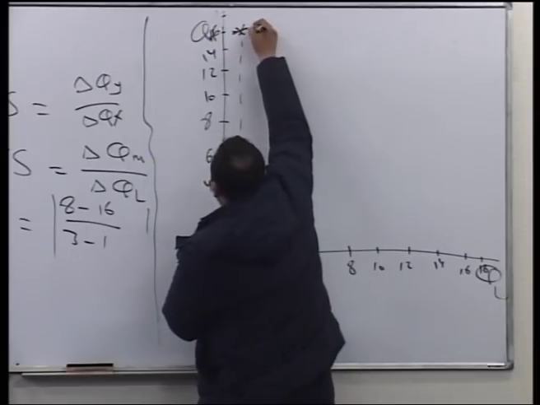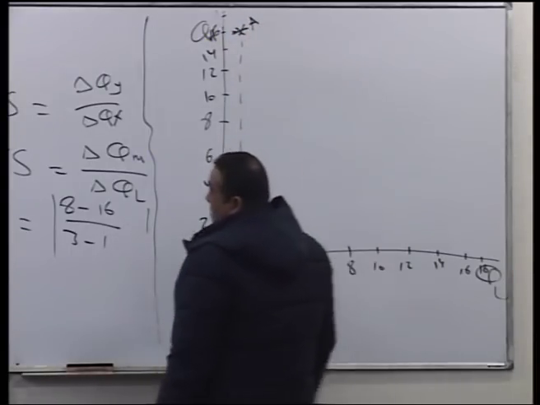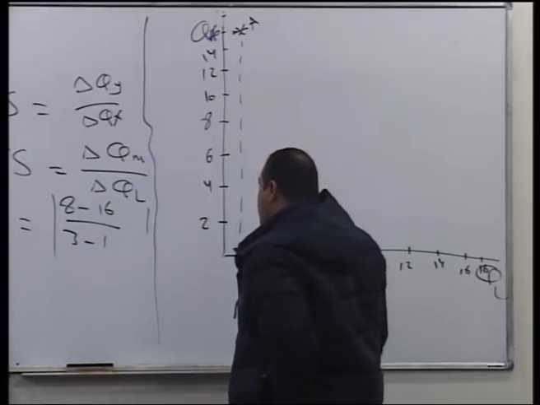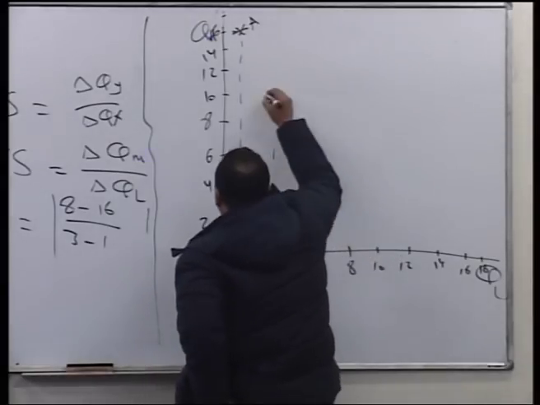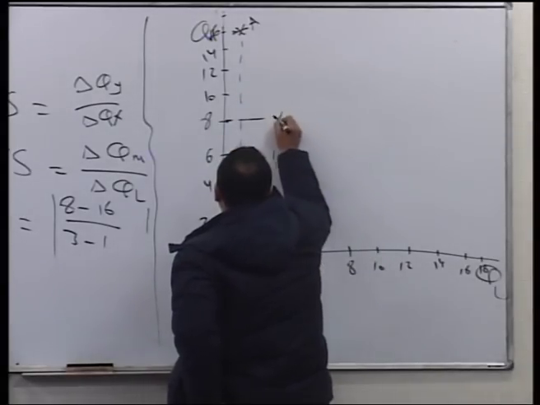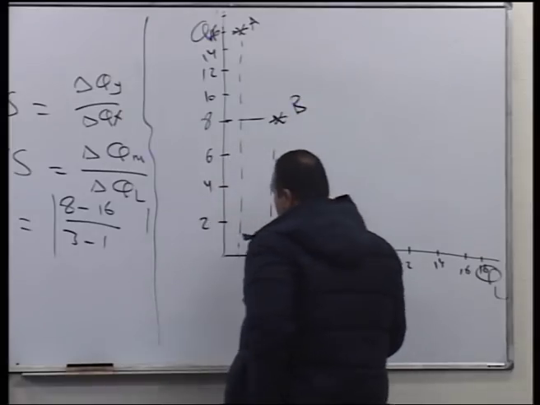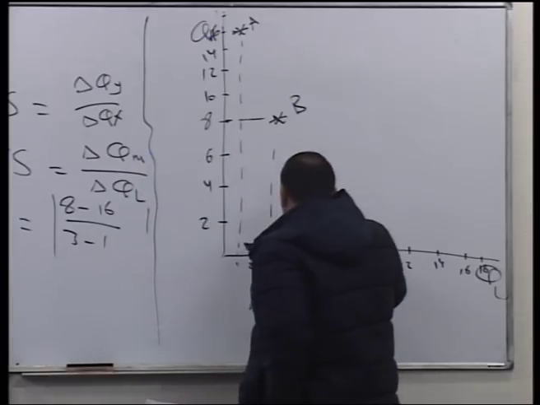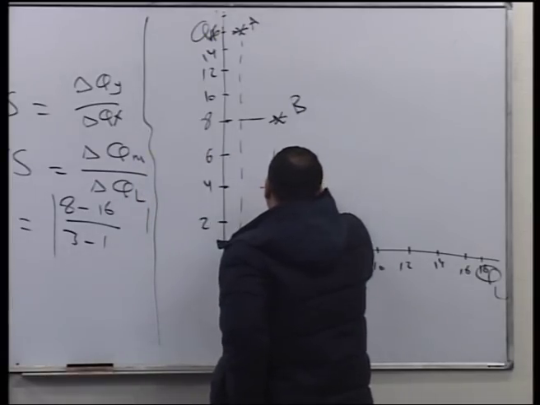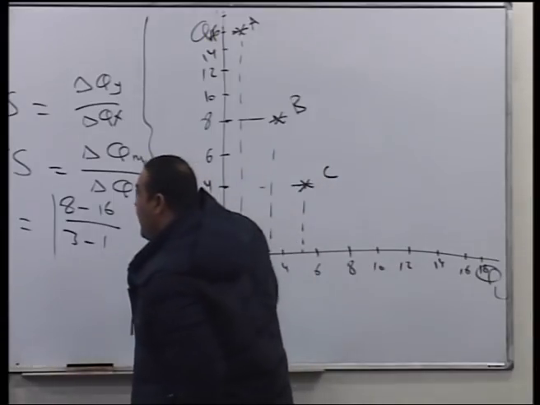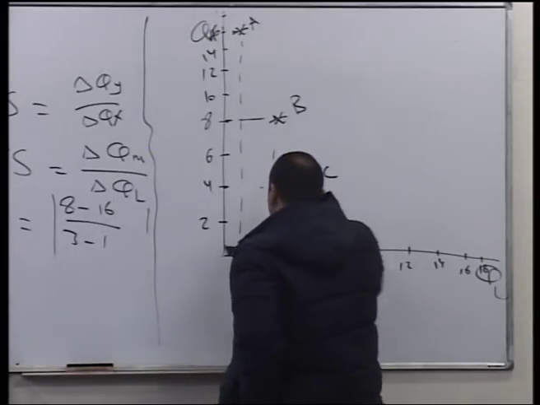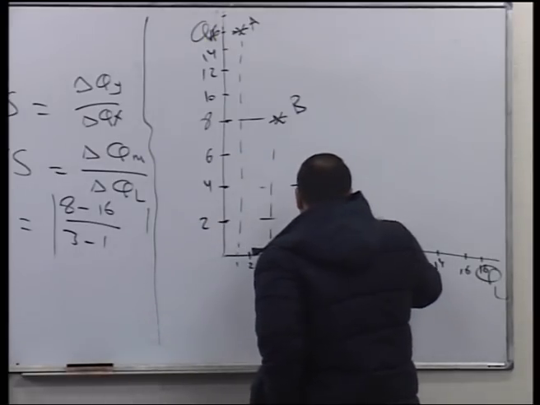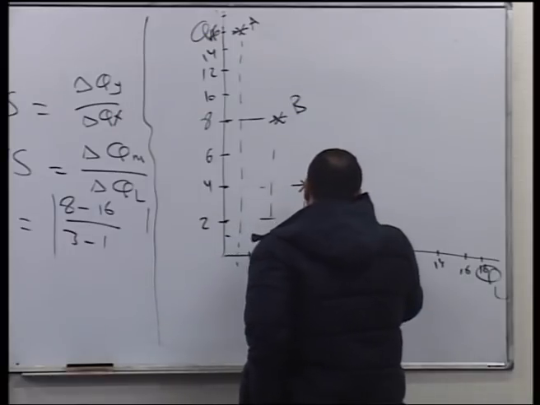This is point A. At 3 workers, machinery equals 8: 3 and 8, point B. At 5, 4, C. At 7, 2, D. At 9, how much? 1, E.